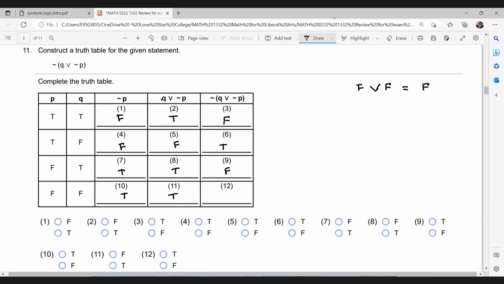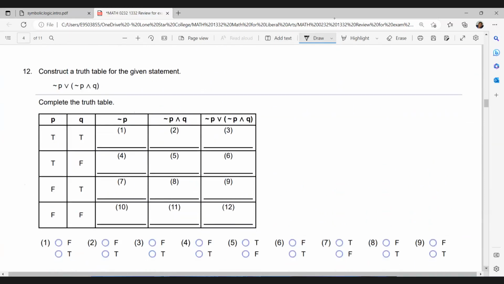And this true becomes a false. And you're probably saying, why? This is what this column is telling us. These are the instructions. The instructions are to take everything that was in here and switch its truth value. That's what this is, the instructions. Okay, so I think I'm done with 11, and now I'm going to move on to number 12.